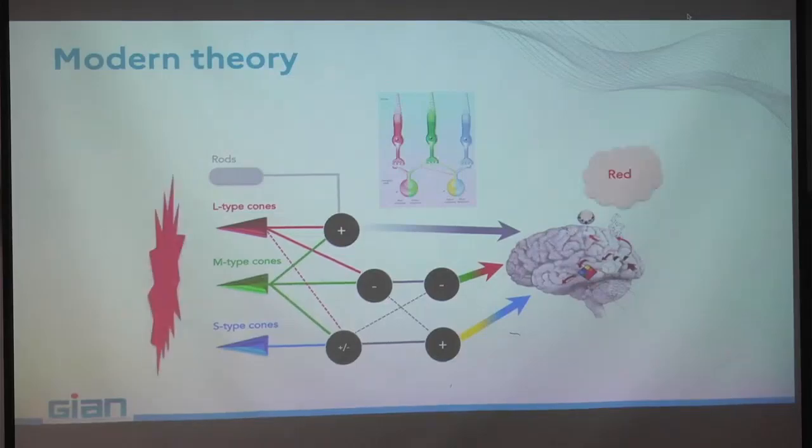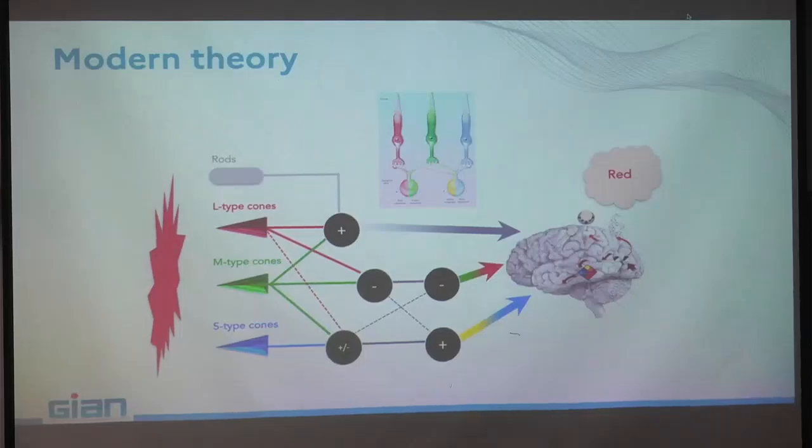And if you apply that model, you send red here, the brain says red, but when the red disappears, then the green cone, which is inhibited here, will send the green information for the remnant image to the brain.